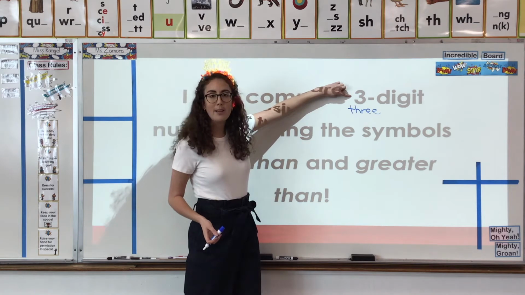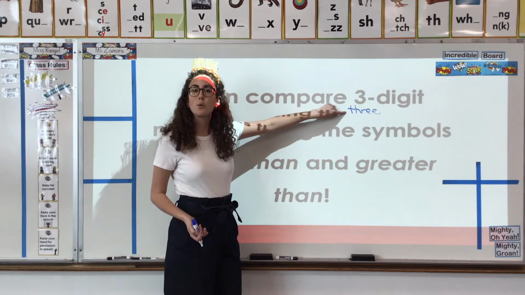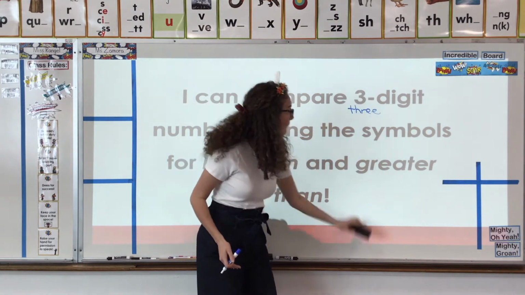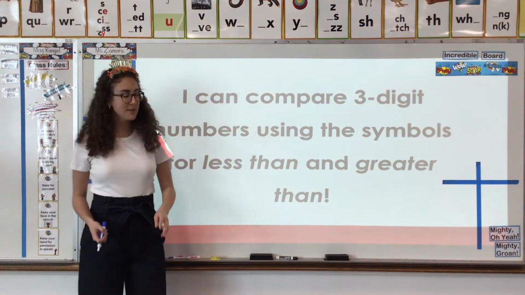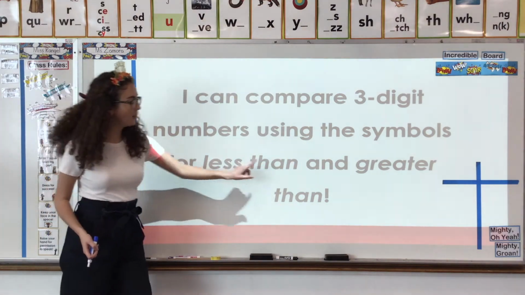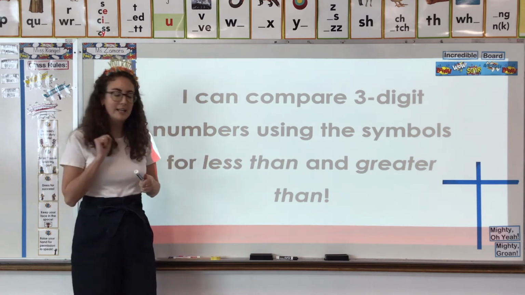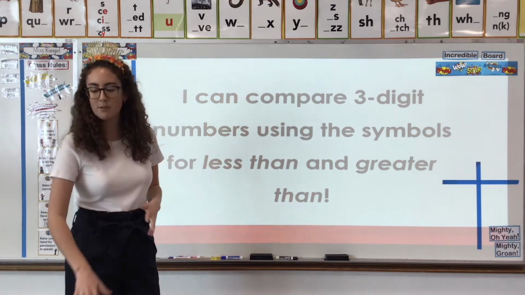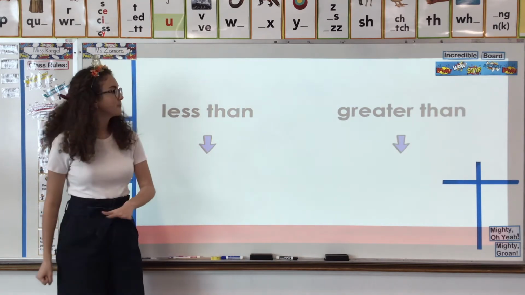So this 3, this drawing, is a symbol that represents the word 3. And that's what we're going to learn about today. We're going to learn the symbols that represent the words less than or greater than, so we can write even quicker number sentences. Okay, so before we get to the symbols, let's review that vocabulary we were learning yesterday.